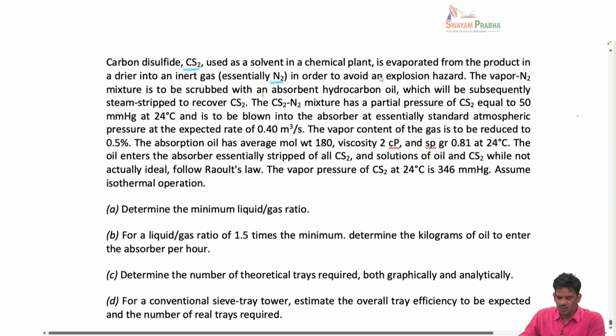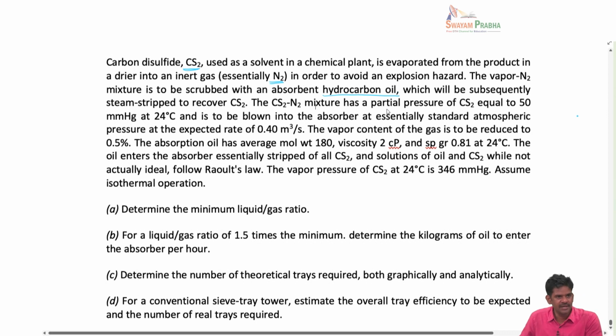And in order to avoid an explosion hazard, okay, so we have a mixture of CS2 and N2 and we want to remove this CS2. So the vapor N2 mixture is to be scrubbed, meaning absorbed, with an absorbent hydrocarbon oil. So this is the liquid phase, hydrocarbon oil.